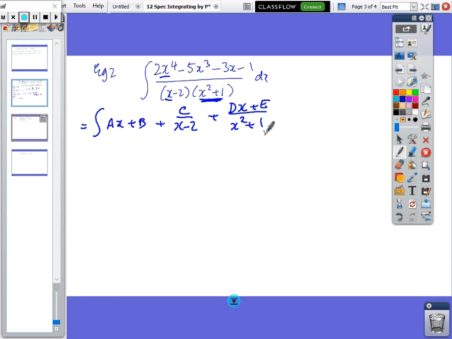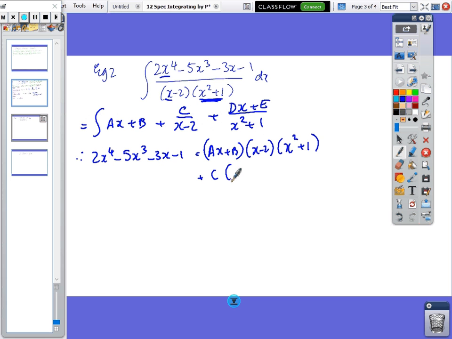Okay, so the next line would be 2x to the 4 minus 5x cubed minus 3x minus 1 equals (ax plus b)(x minus 2)(x squared plus 1) plus c(x squared plus 1) plus (dx plus e)(x minus 2).